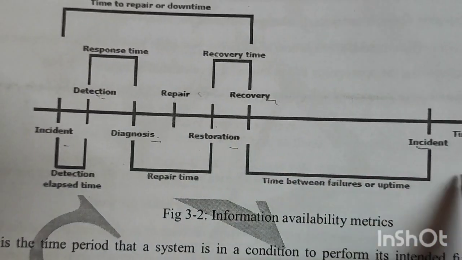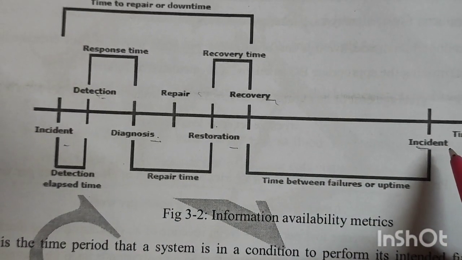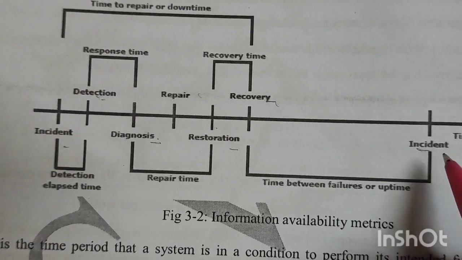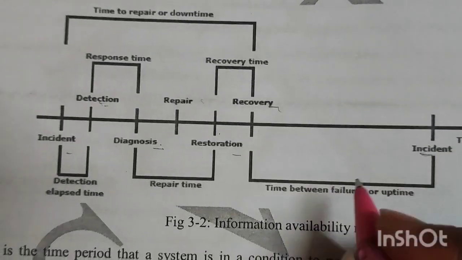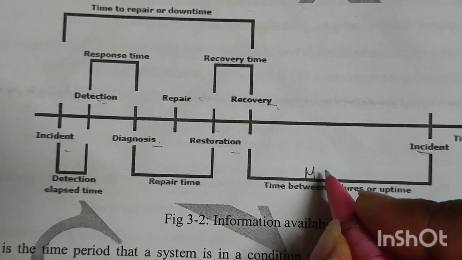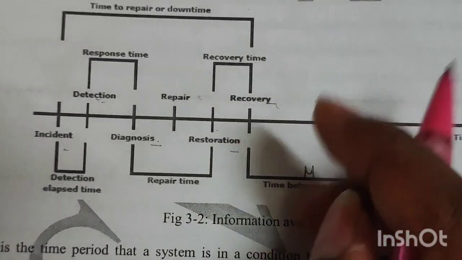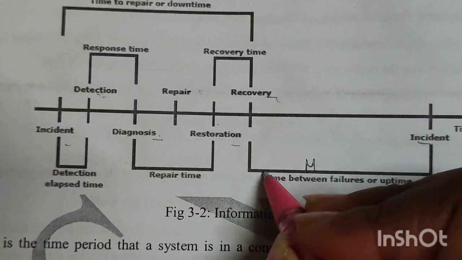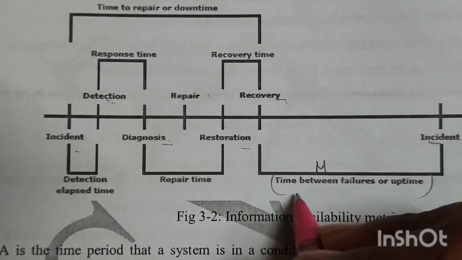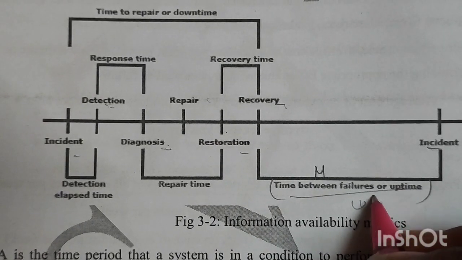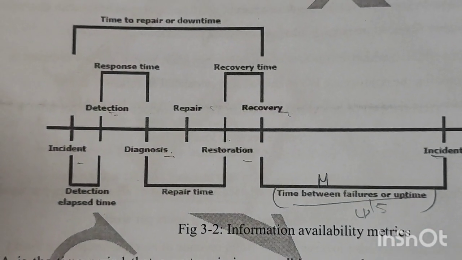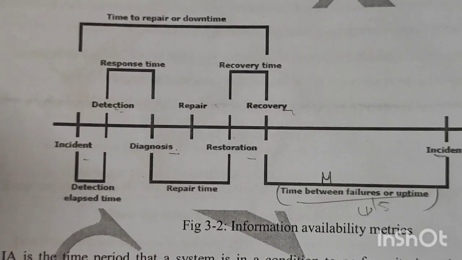This time is called time between failures, or uptime. When you take the mean, you average this over a period of time, divided by however many times you have in a cycle, 4 or 5 or whatever. So that is your average for that.